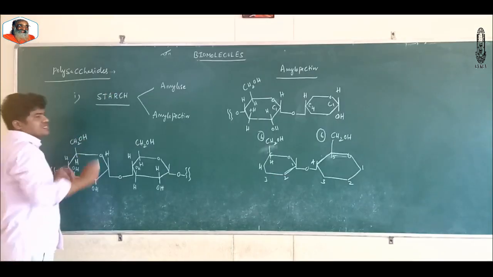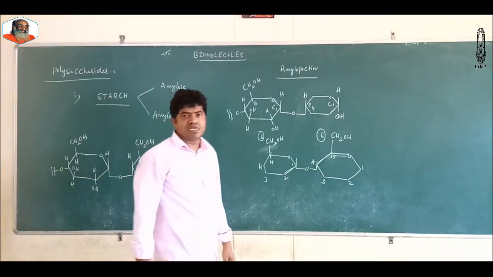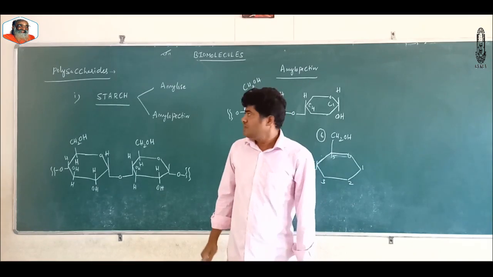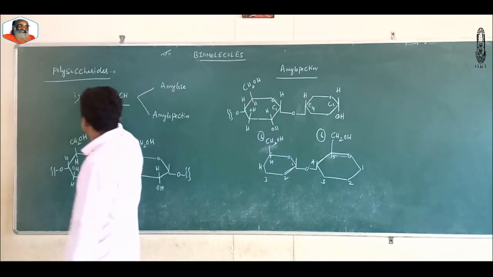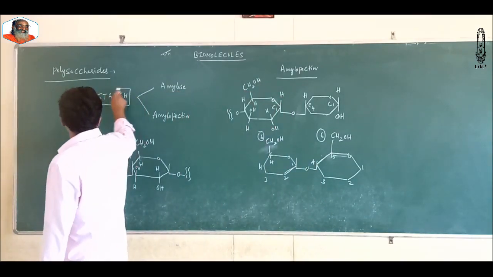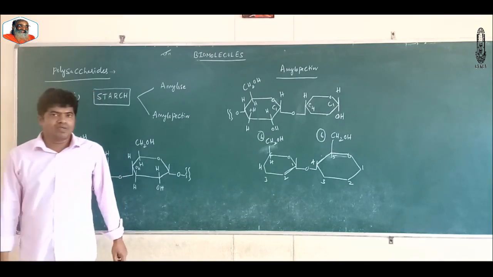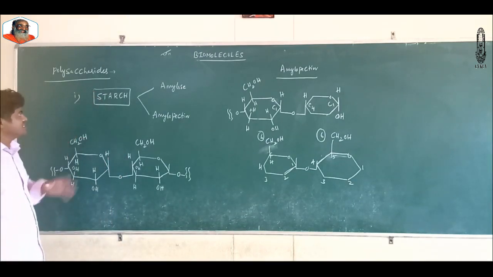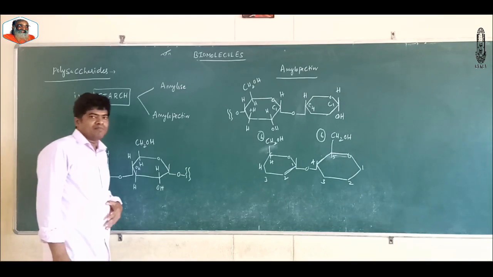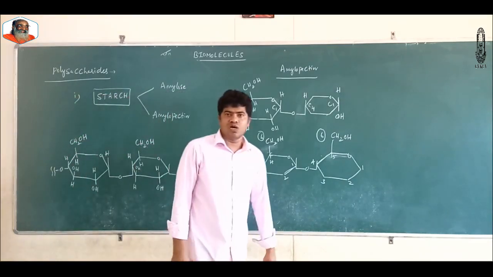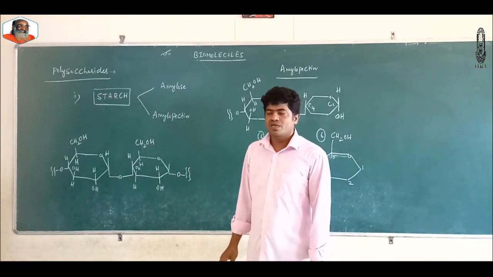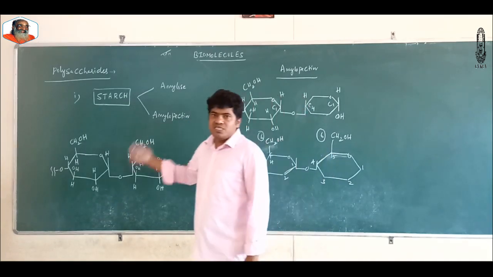What do you mean by polysaccharides? They yield a large number of monosaccharide units on hydrolysis. Examples discussed in our textbook are starch, cellulose and glycogen. All these are polysaccharides. Now we will be discussing starch. Starch is a polymer of alpha D glucose units. And you know where you find starch?